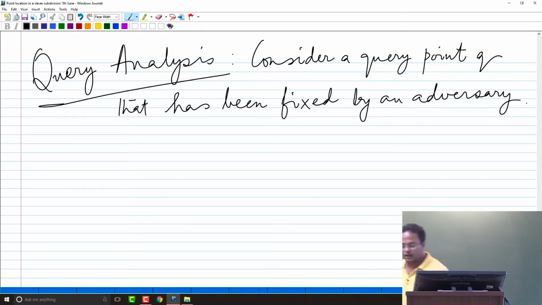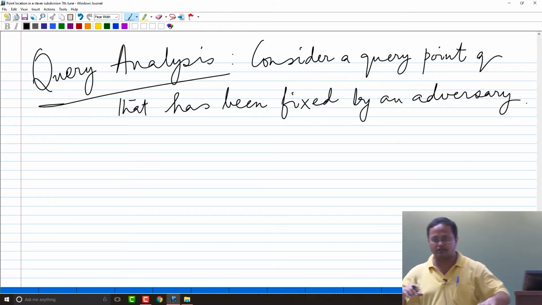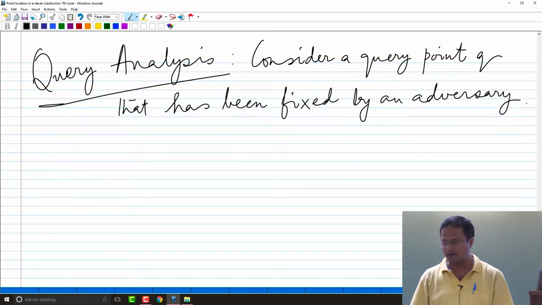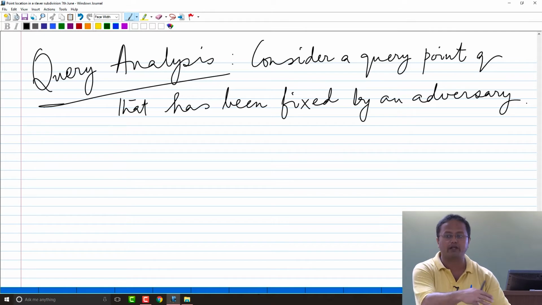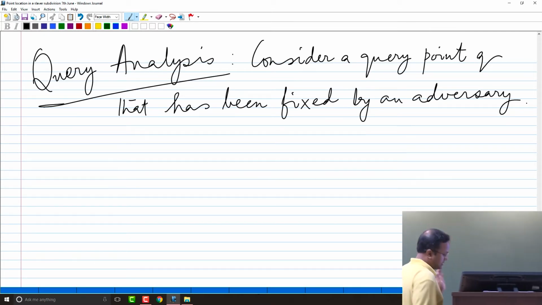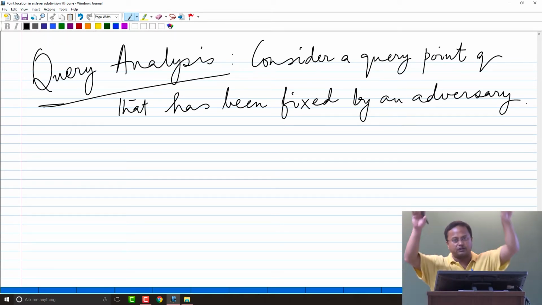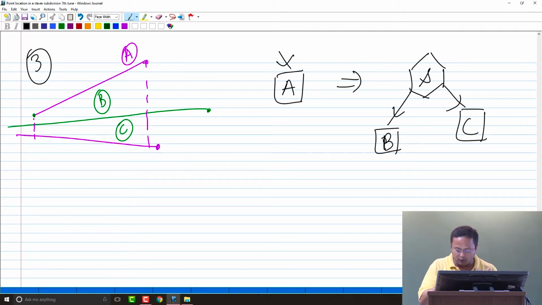So, as I was telling you that this is a data structure which is evolving. So, I have a fixed query point and I will see how this query works. Now see essentially what is happening. You have fixed a query point and there are these I lines which you are randomly inserting.